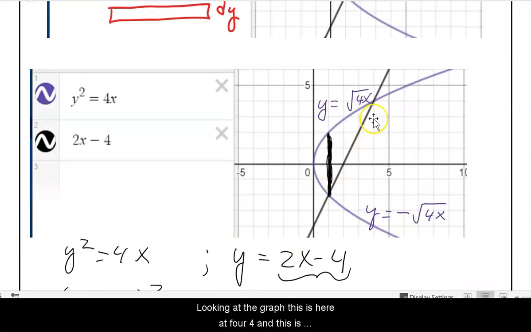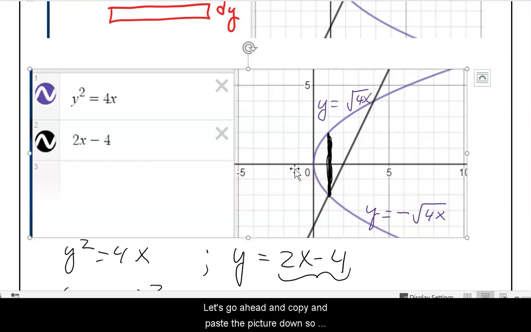Looking at the graph, this is here at (4, 4), and this is (1, -2). Notice also that the vertex of the parabola is at (0, 0). Let's go ahead and copy and paste the picture down so that we'll have it to refer to.